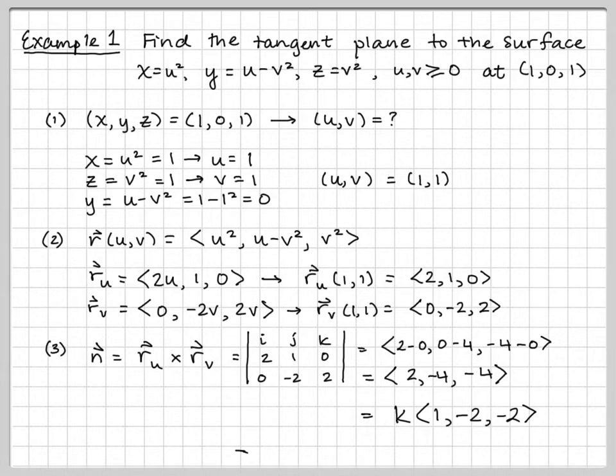Okay. So we are now ready to take all of this and write our equation. I'm going to write it in linear form here. Okay, so we have our normal vector and we have our point. So we are taking those and plugging them into this equation that we have for the tangent plane.